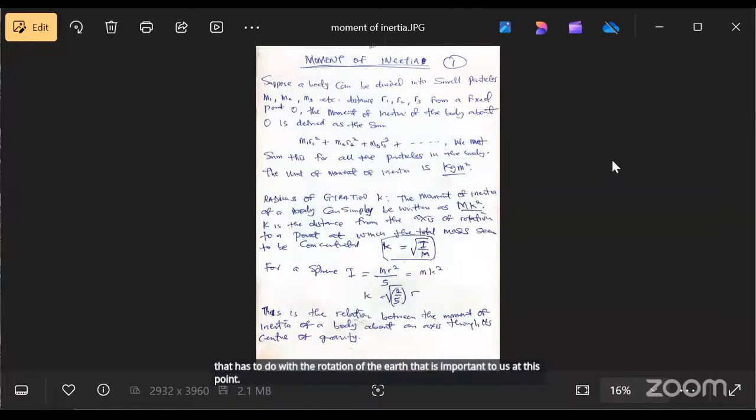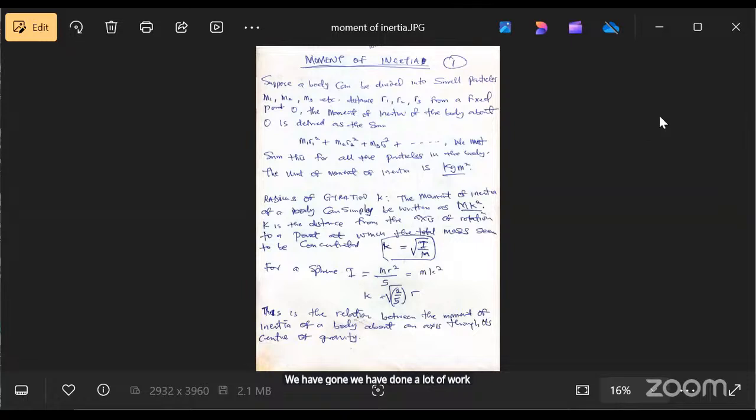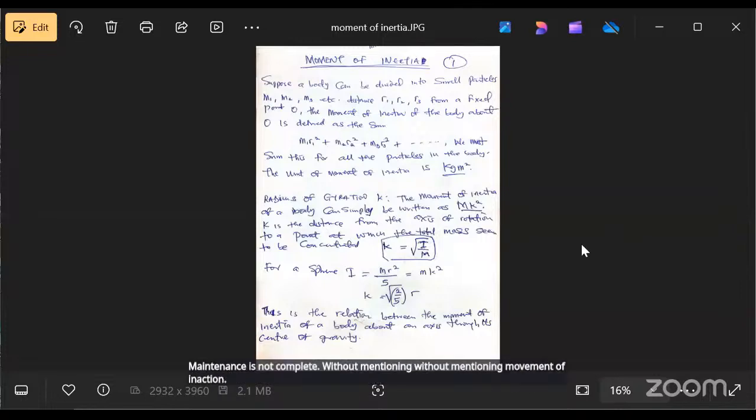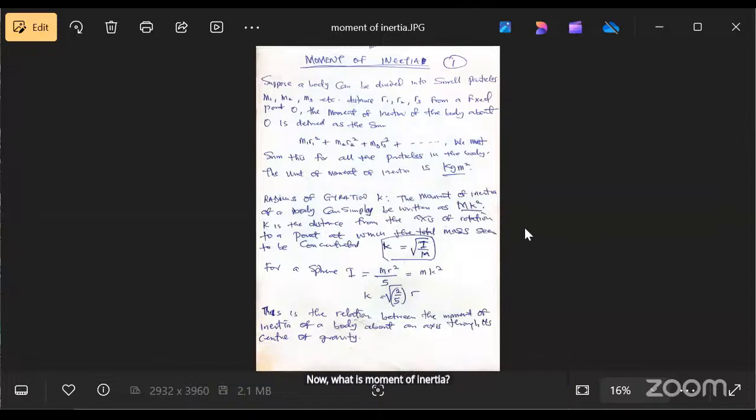We have done a lot of work in mechanics, and mechanics is not complete without mentioning moment of inertia. Now, what is moment of inertia? And how do we quantify it? What is the unit of moment of inertia?